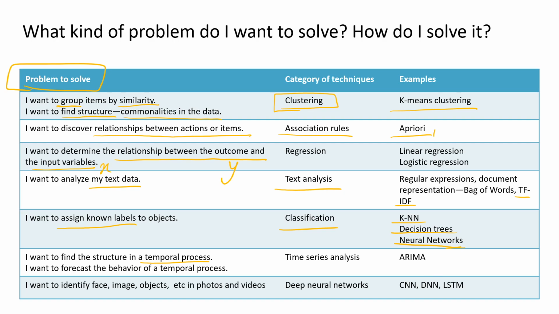Finally, the newest categories of algorithms are deep learning algorithms. Of course, there is reinforcement learning, with different categories if you want to teach a machine. But if you want to identify faces, objects, and images in photos and videos, you could use deep learning neural networks.